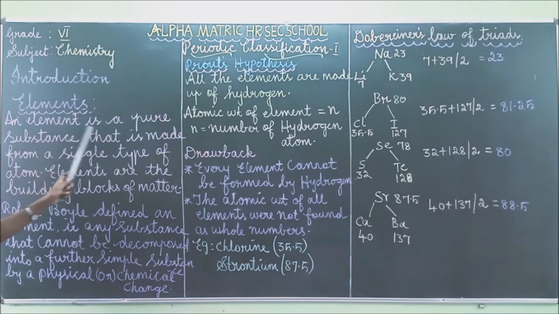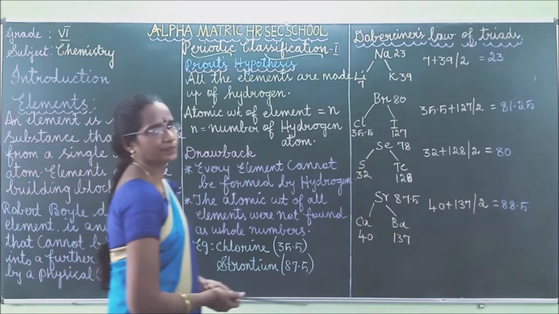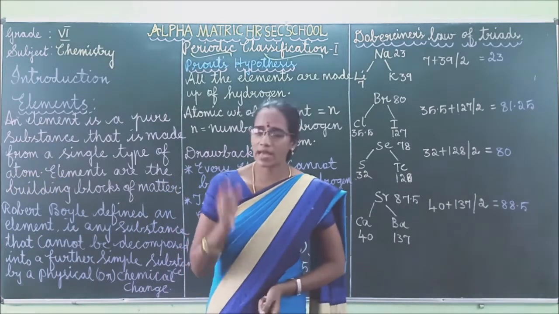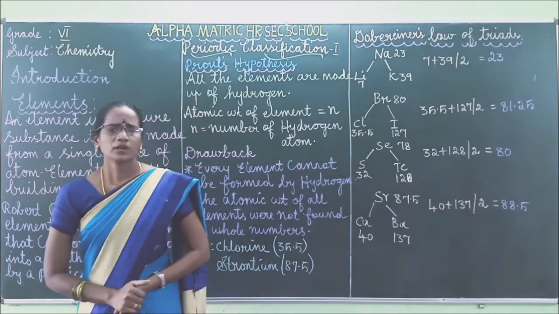So an element is a pure substance that is made from a single type of atom, and elements are the building blocks of matter. An element is made of atoms with the same atomic number.